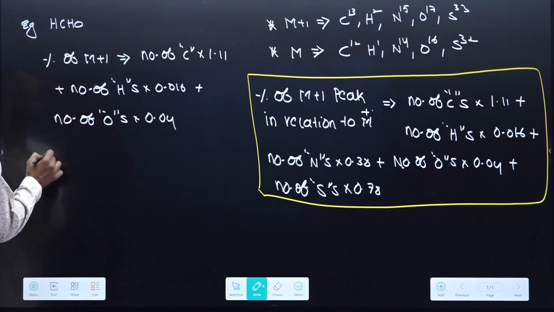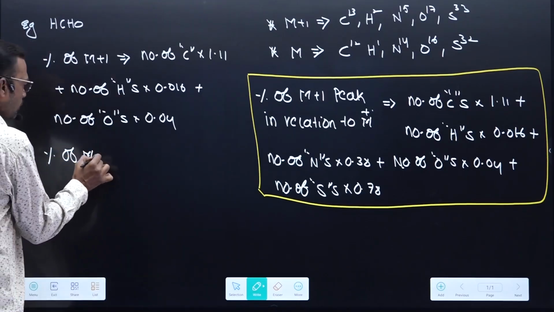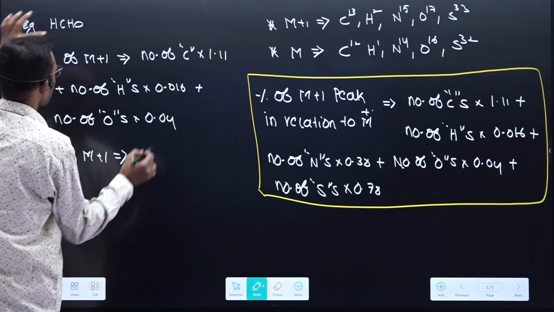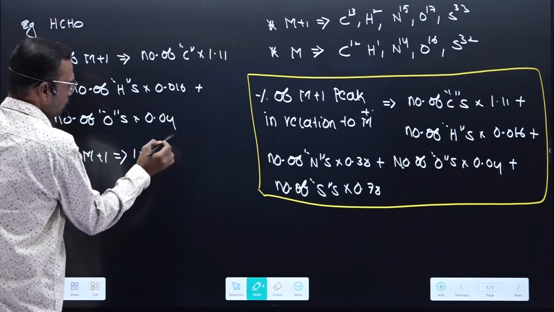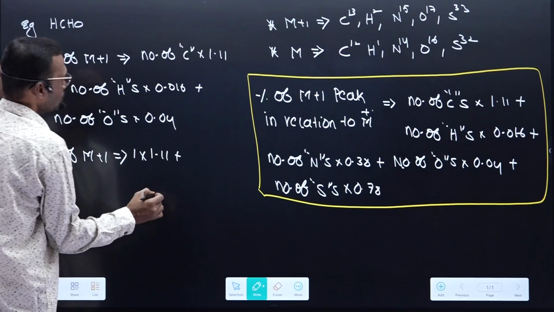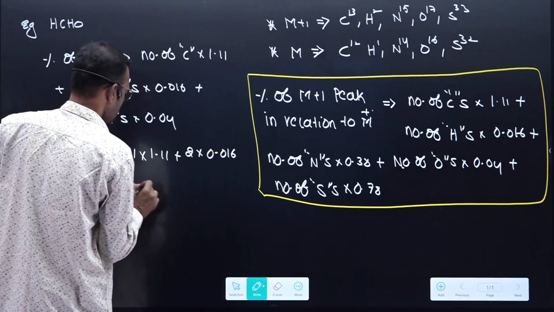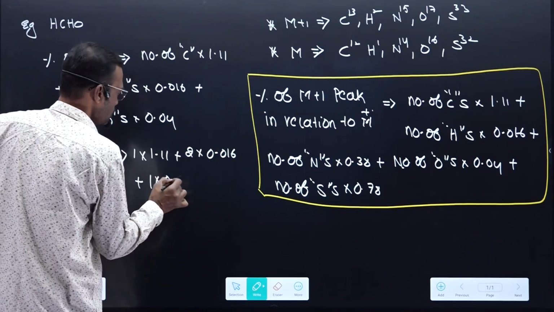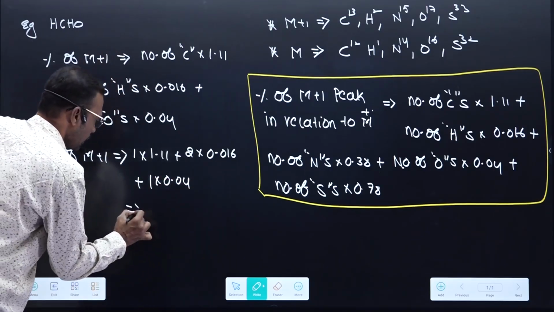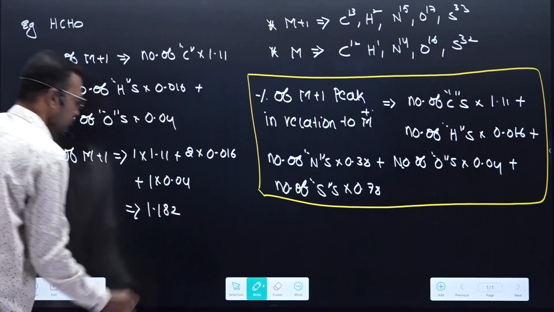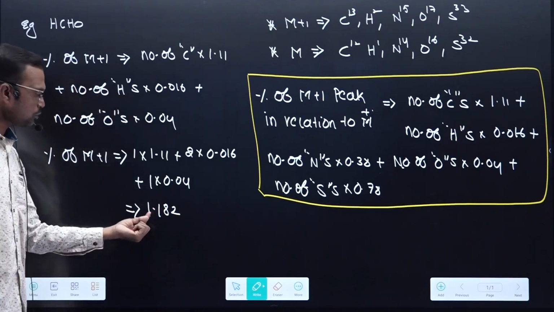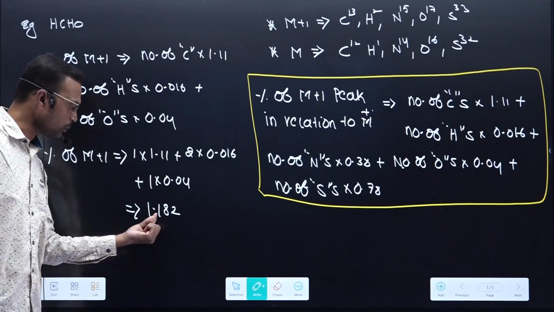If you calculate percentage of m+1, here how many carbons are present? Only one carbon. So 1 into 1.11 plus 2 hydrogens, 2 into 0.016 plus 1 into 0.04. So overall you will get 1.182. So with respect to the molecular ion, peak intensity is only 1.182.